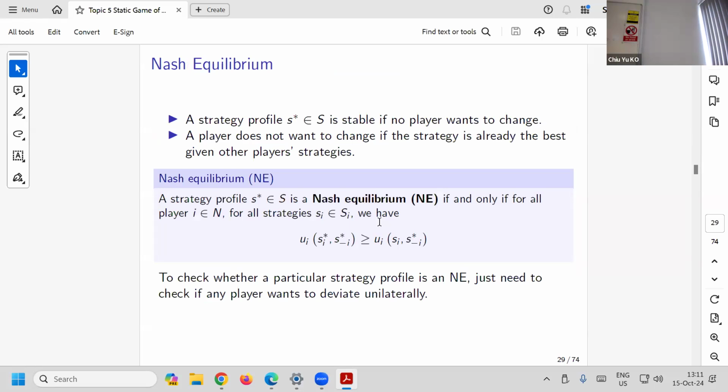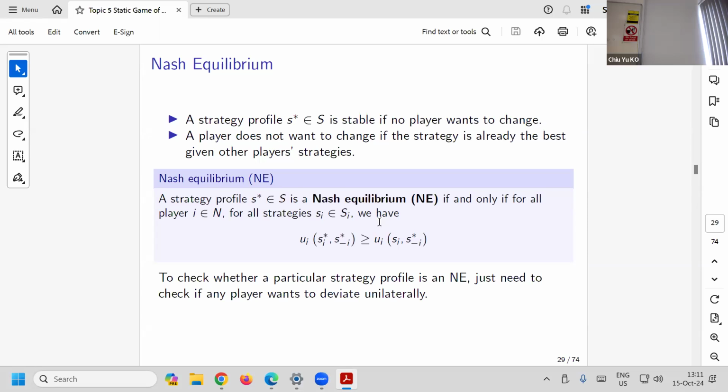We want to check for each profile, each entry there, is it the case that any agent wants to depart from it? If not, it's an equilibrium.